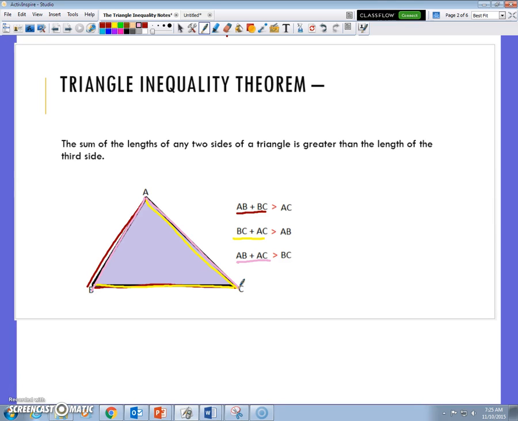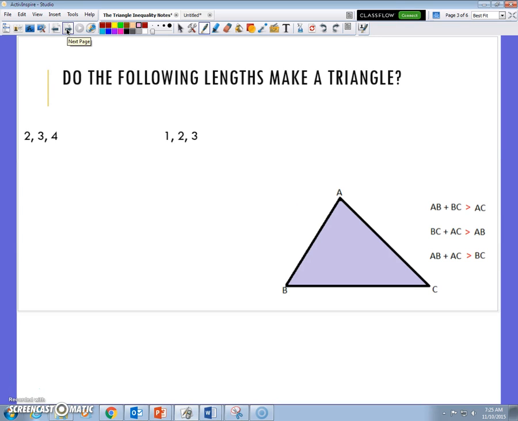It says any two sides of the triangle will add up to be larger than the length of the last remaining side. So let's just check a few triangles here. If these segment lengths will connect to make a triangle, then I know that these three inequalities must be true. The length of 2 plus the length of 3 should be greater than the length of 4.